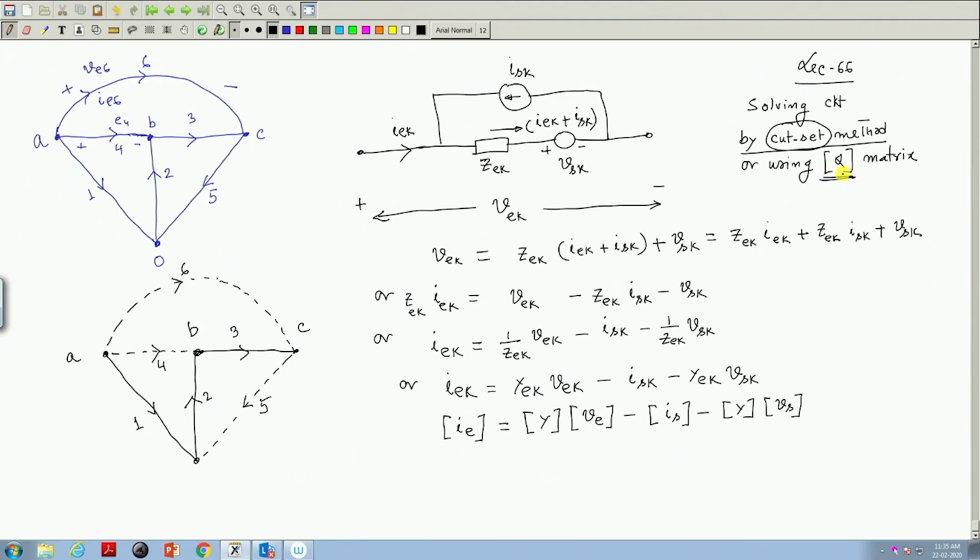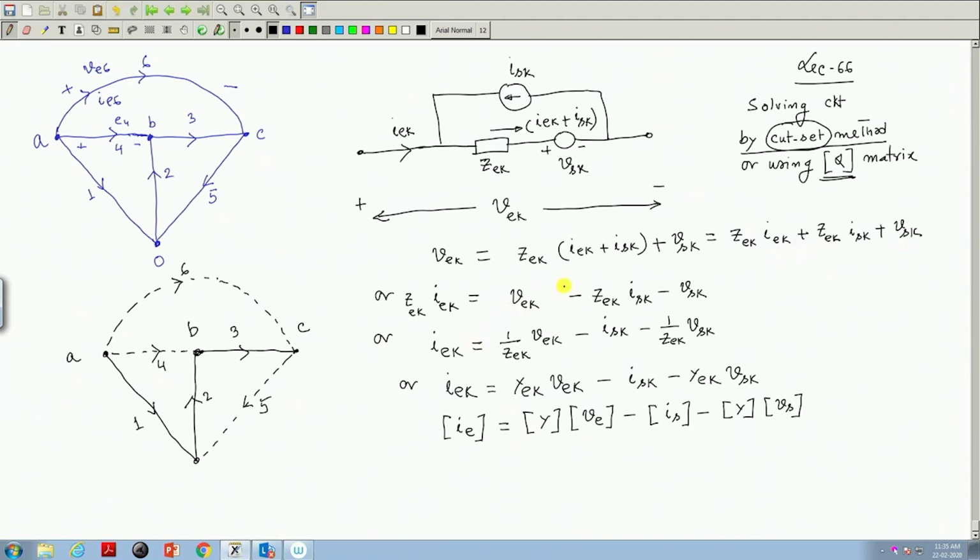Now, what will be the basic equations here? Once again, you start with the kth element, the branch, and here you write down the potential difference Vk. We have done this several times.